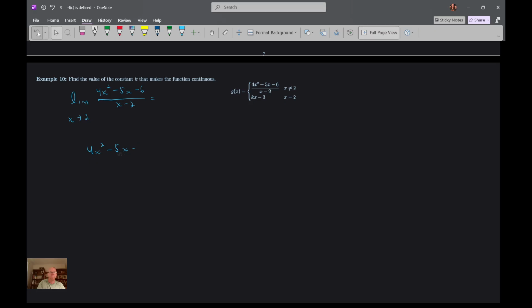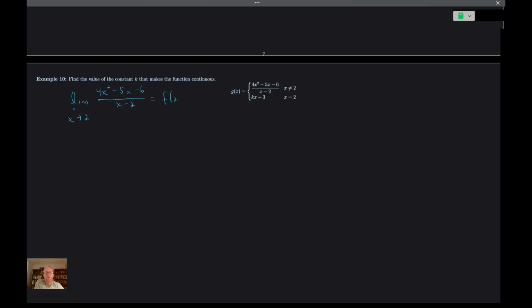So let's just write that up here. So f of 2 would plug into right here. Okay, so now how are we going to get this? Because if we plug in 2, we get 0 on the bottom, and that doesn't work. So what are we going to do?